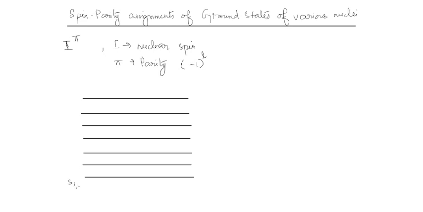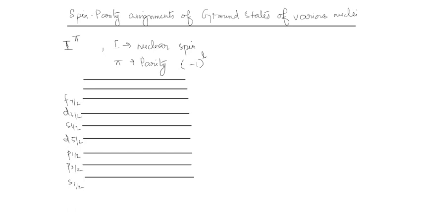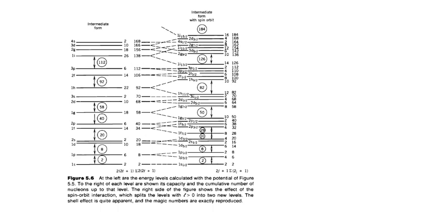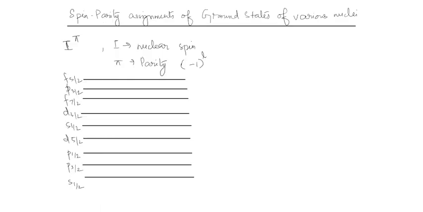So you have S1/2, then P3/2, P1/2, D5/2, S1/2, D3/2, F7/2, P3/2, F5/2. I hope this is correct. Yeah, F7/2, P3/2, F5/2. Till then that would be enough for our present purpose.